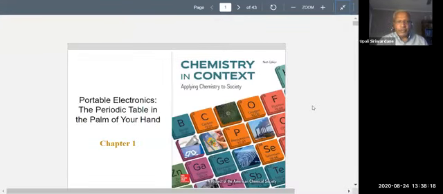Okay, we're going to look into various things in Chapter 1. One of them is your cell phone, and we're going to look at what a cell phone is made up of, what compounds are used in it. We're going to know that a cell phone is made out of certain compounds, and those compounds have elements, atoms of certain elements.